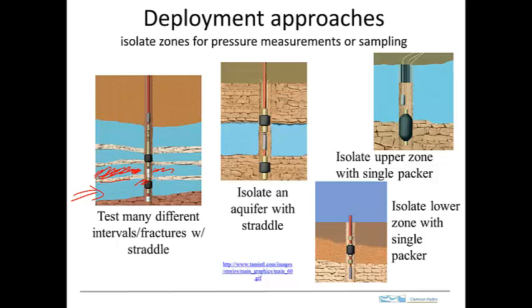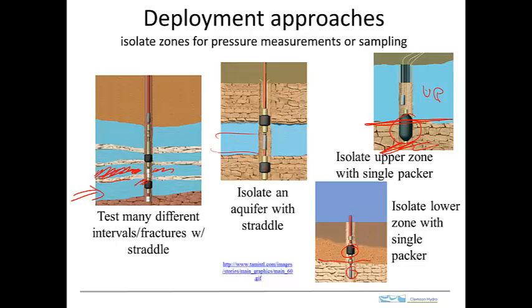But nevertheless, here's a set of straddle packers that are isolating this permeable interval, and here's a single packer that's put here at the bottom of this part of the hole to basically isolate this upper permeable zone from whatever is down here. And similarly, a single packer is used to isolate this lower part.